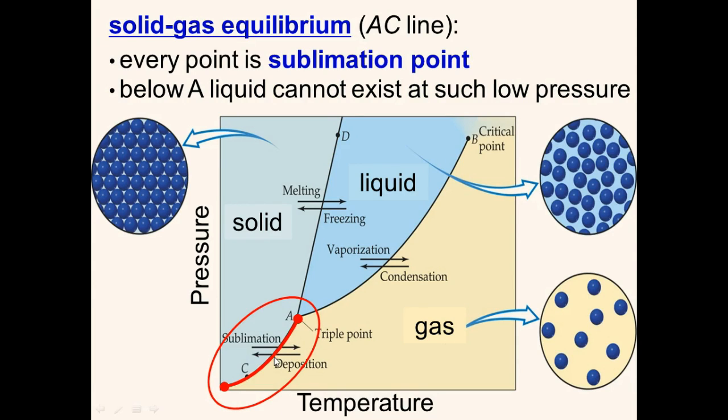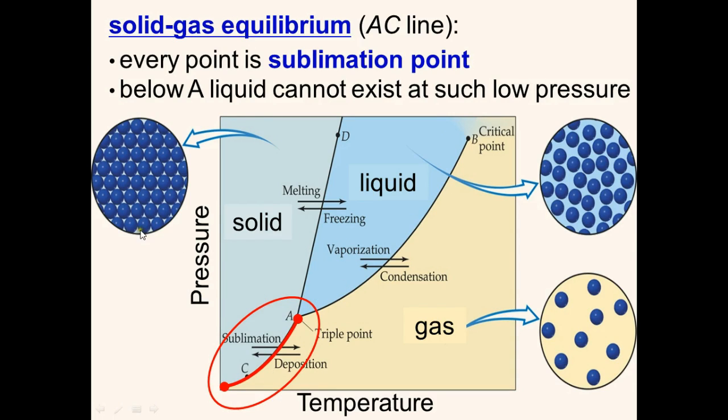If we have lower pressure, we need a lower temperature, because again there's less force keeping them together. If we have a high pressure it's the opposite, we need higher temperature to go from solid to gas, because we have to overcome that force pushing down the particles. So that is why we get this little curve, just like in these other lines. They most likely curve to the right.